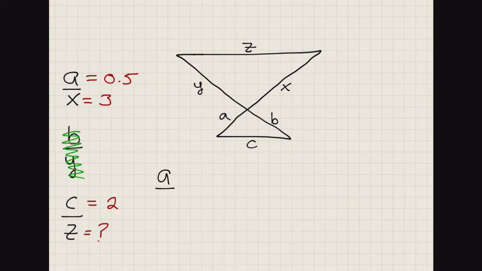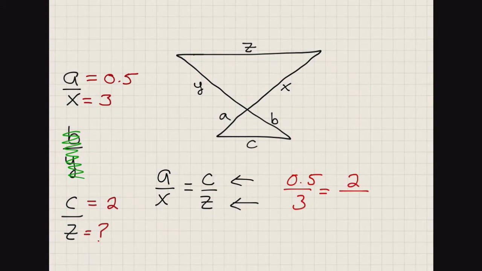I know that A over X can equal C over Z. I'm comparing small triangle to large triangle. If I plug in the new numbers, I have the following proportion to work with: 0.5 over 3 equals 2 over Z. So I can go ahead and do what to solve this?